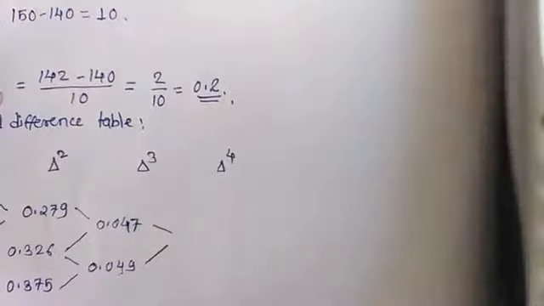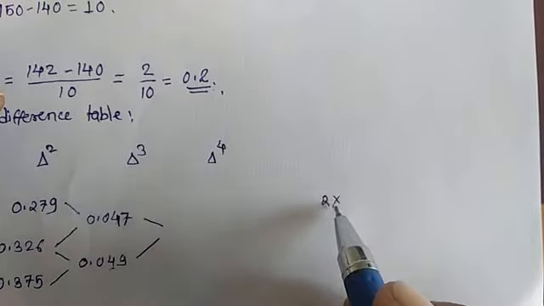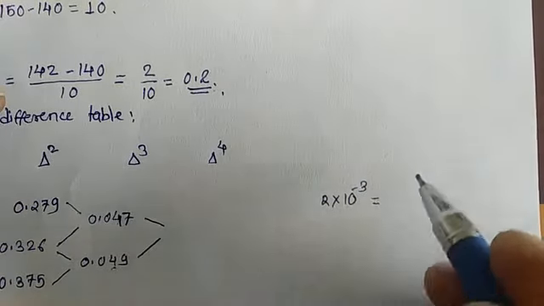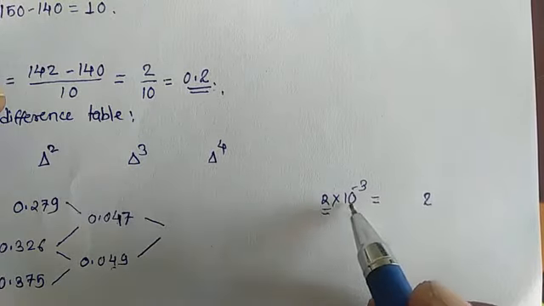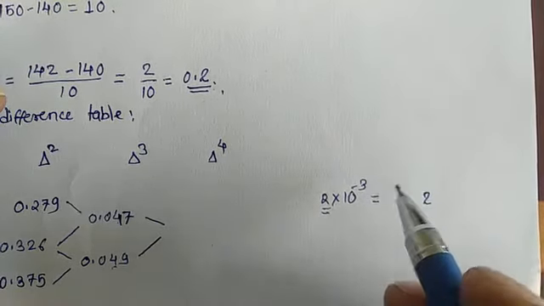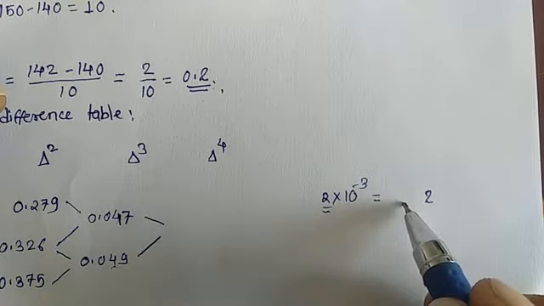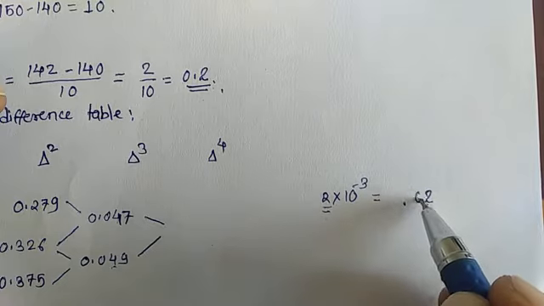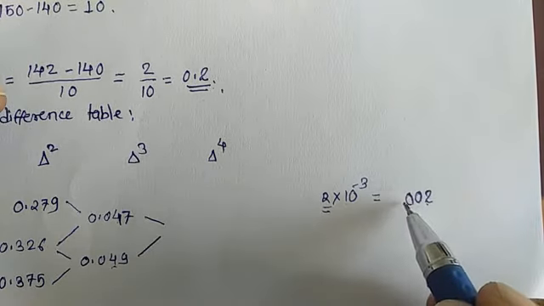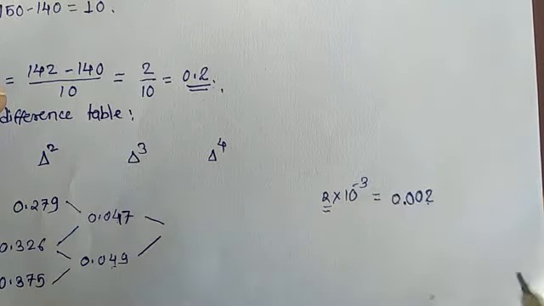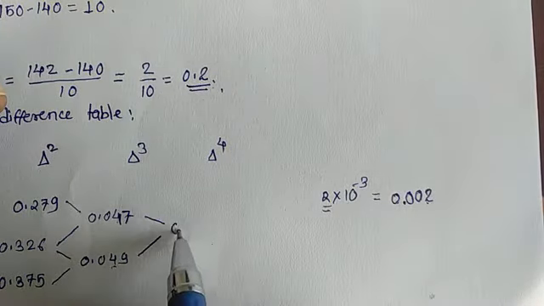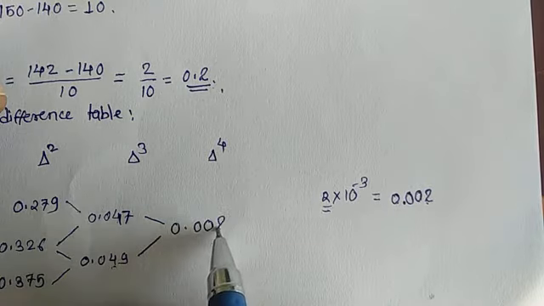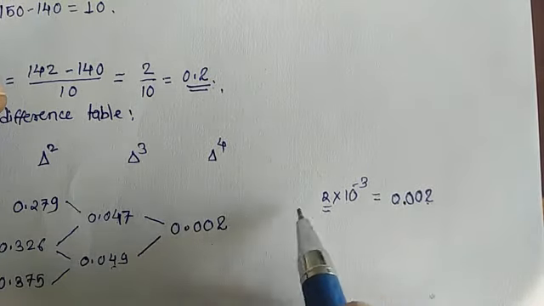Now 2 into 10 raised to minus 3 can be written as: you write 2, and since it is 10 raised to minus 3, after the number you take 2 zeros, and make a point, and after that 1 0. That means 2 into 10 raised to minus 3 can be written as 0.002. So these two values are equal.